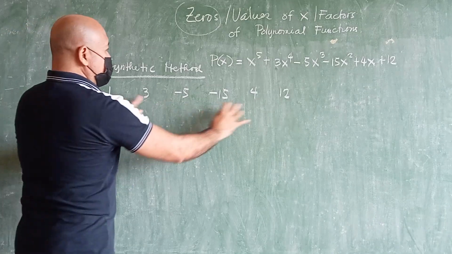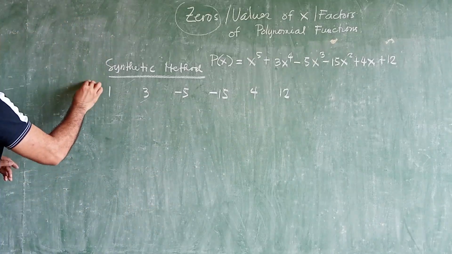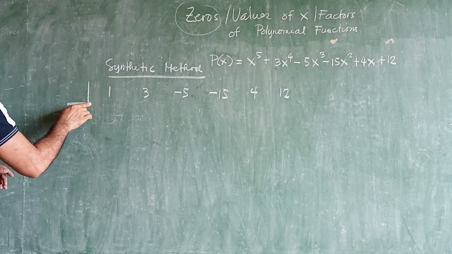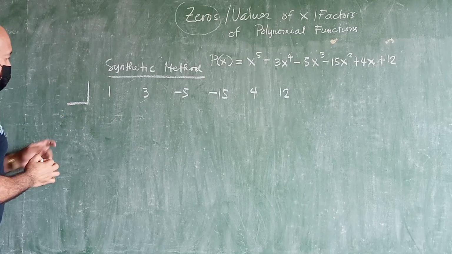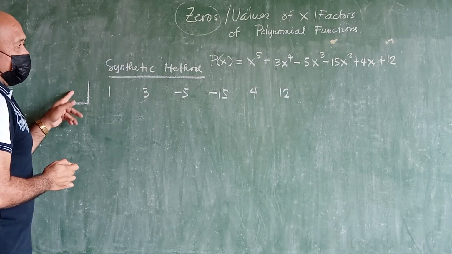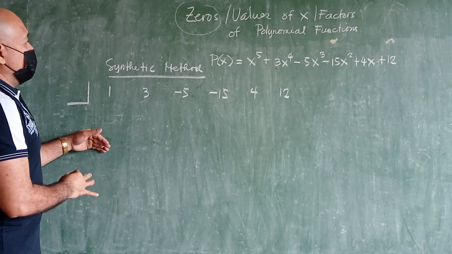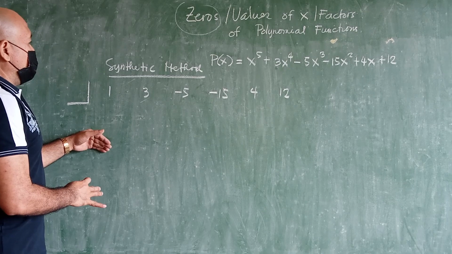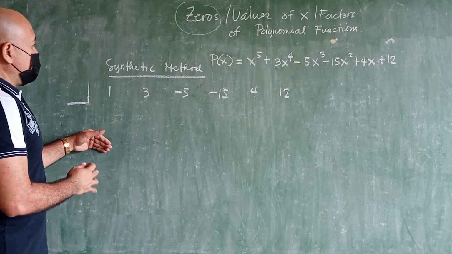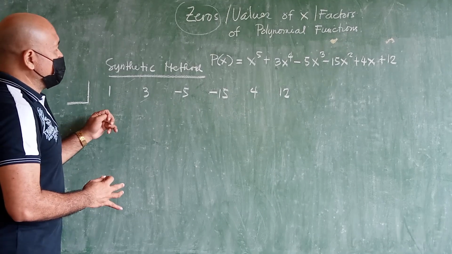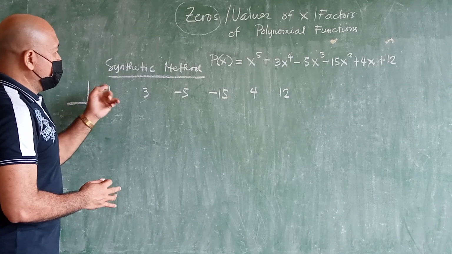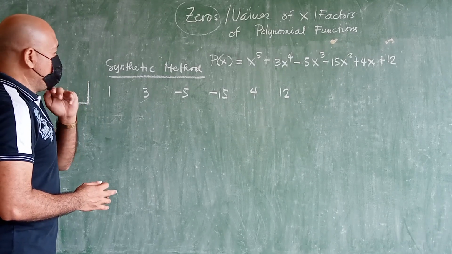Consider this as your synthetic dividend. And your next problem now is, what is your synthetic divisor here, for you to continue the process on how to solve for zeros or values of x with the use of the synthetic method.